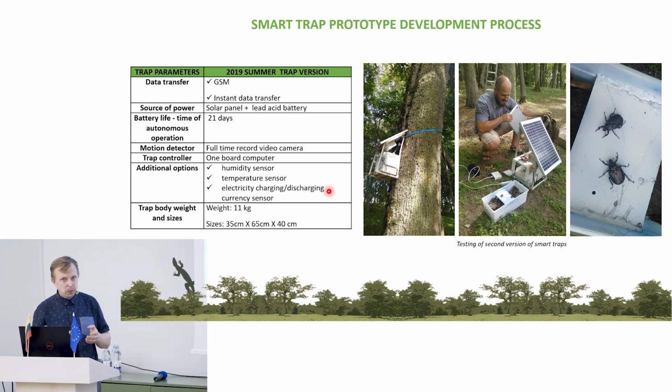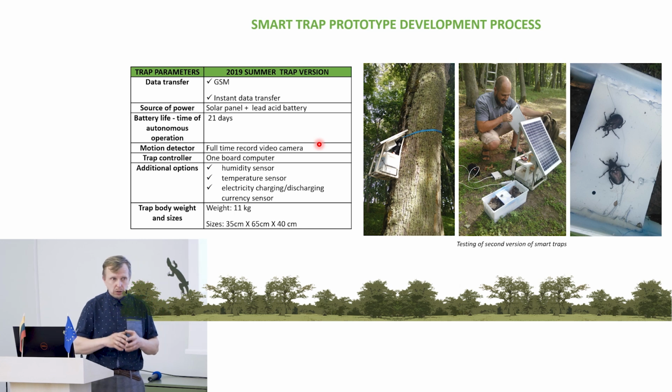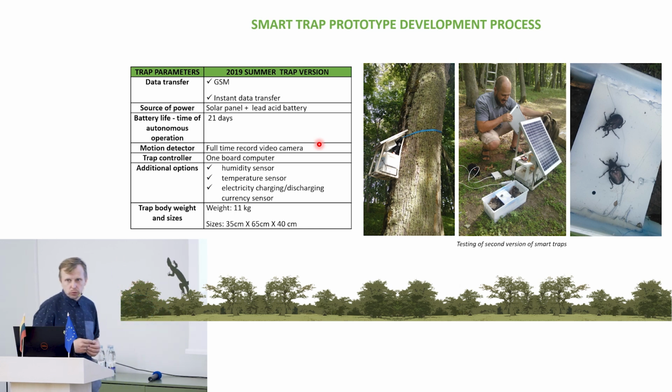We think this sensor was not working. If we have a full-time recording video camera, I think electricity consumption was very big, so it's also not a good thing for these traps. The weight is 11 kilos.